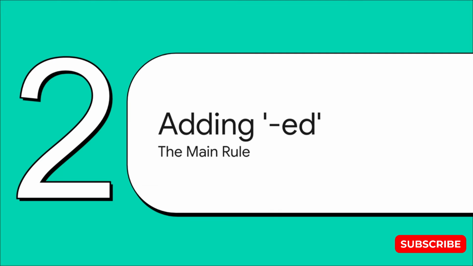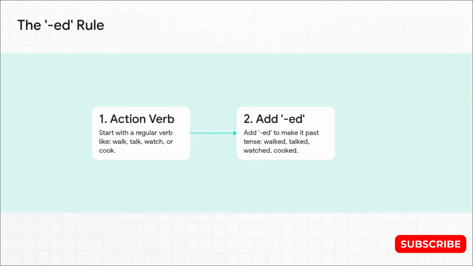All right, now for the main event. How do we talk about things we actually did in the past? This is your number one tool, and it's all about adding two little letters to the end of a word. For most of the action words in English, this is the golden rule.